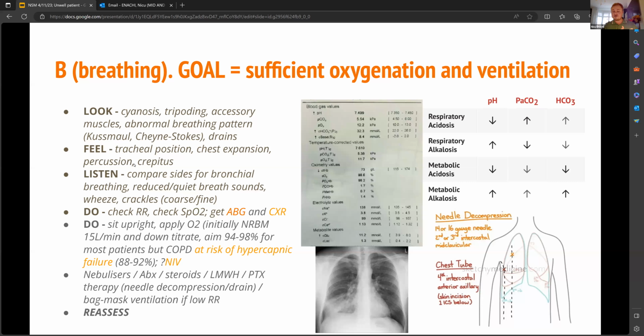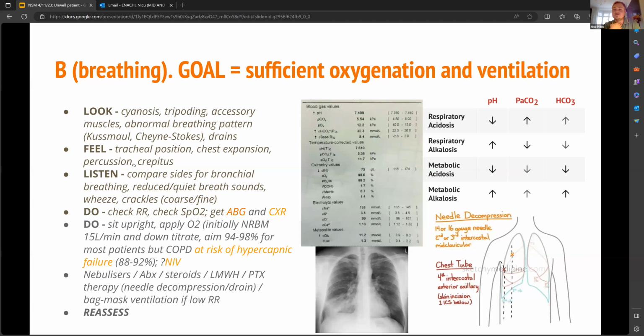Now, you're going to add that to your next assessment, the listening. So you're going to listen to both lungs for the auscultatory sounds. Are they reduced? Are they quiet? Is there wheeze? Are there crackles? Is there no sound at all? And then you put that together with your tracheal position, so you can make up something in your mind.